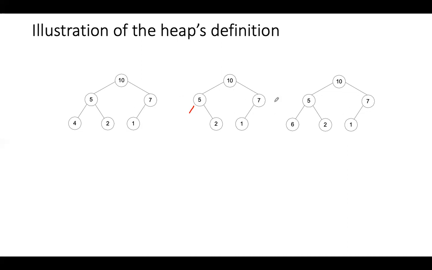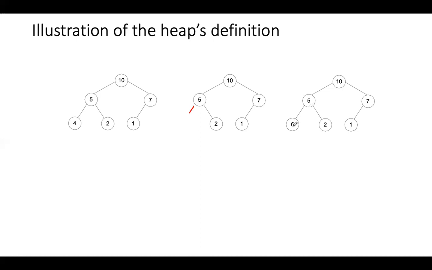What about this one? This is similar to diagram A, but is it a heap or not? See, the tree will be a heap only if the value present in the parent is greater than its children. 10 is greater than 5 and 7. 5 is greater than 4 and 2. 7 is greater than 1. Observe in this case, 10 is greater than 5 and 7, its children, fine.